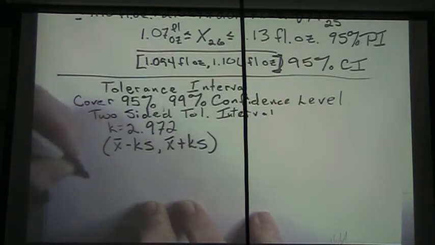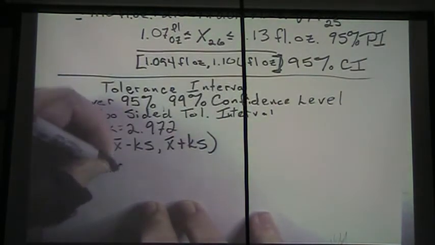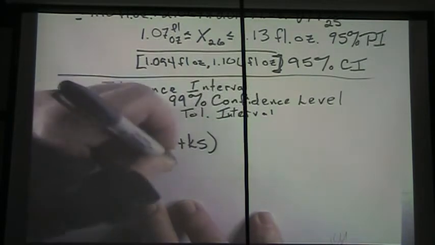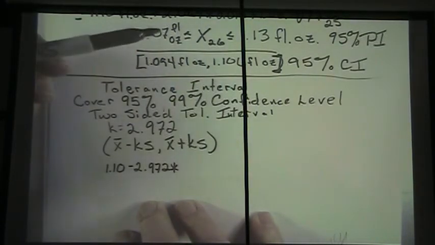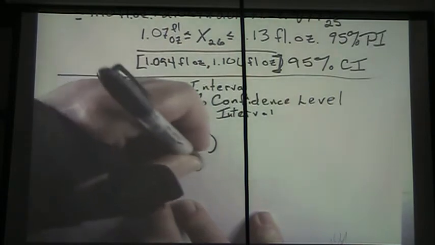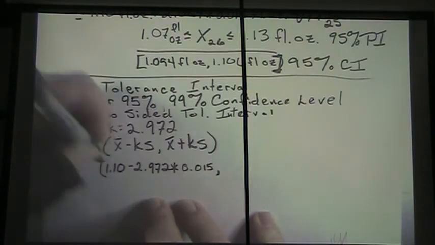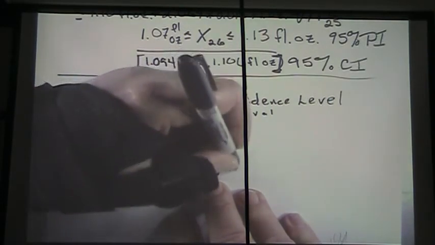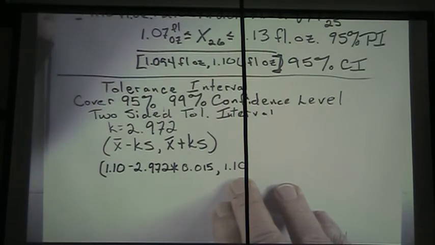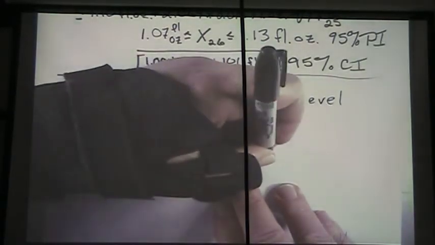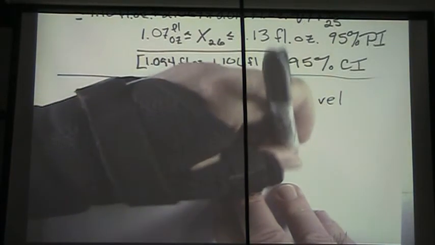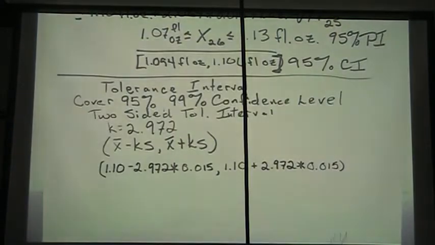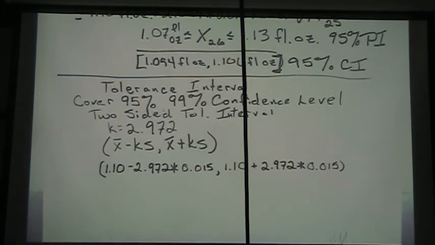So that means that the lower bound is X bar, which is 1.10, minus 2.972 times our sample standard deviation, 0.015, and then our upper bound is going to be 1.10 fluid ounces for our X bar plus 2.972 times sample standard deviation of 0.015. Oh man, it's pretty large when you write it out that way.